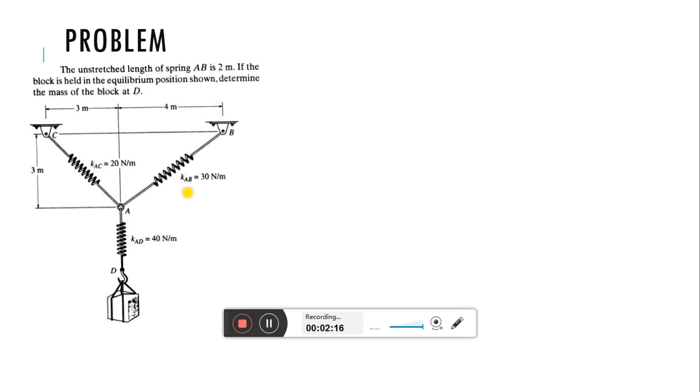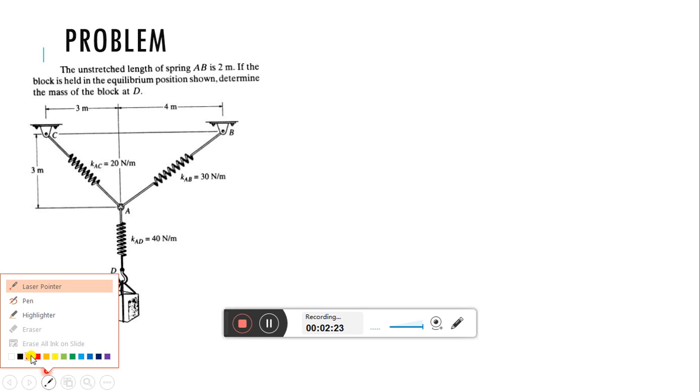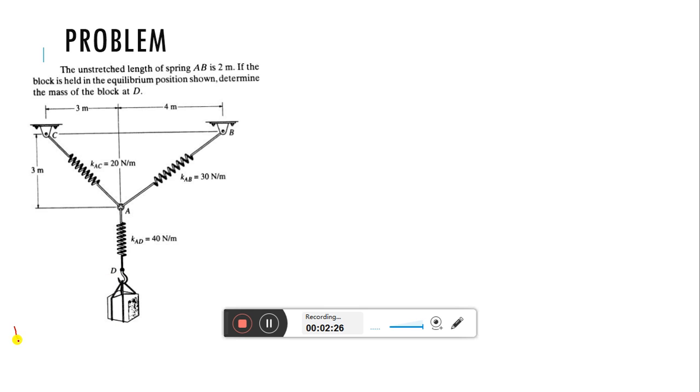This K is nothing but the stiffness of the spring, and we know that F, the force applied in the spring, is equal to K into X. Okay, so this F is the applied force on a spring, K is the stiffness which is given in the problem, and X is the extension.